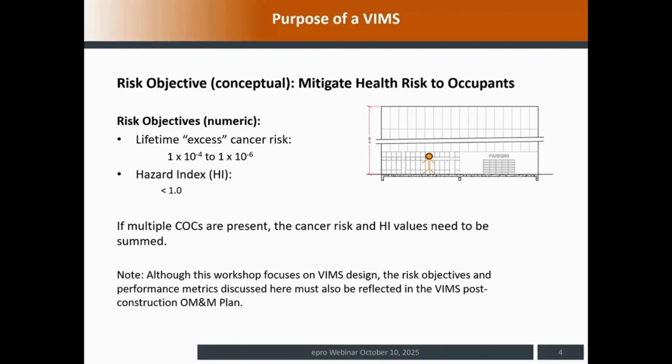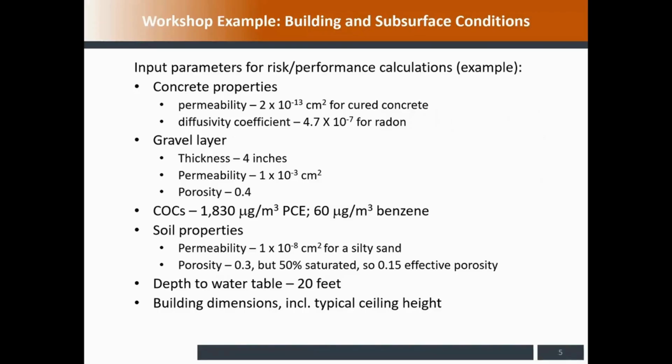All right, and to give just an example here of applying the guidelines and going through the calculations, you need to know a lot of information before you get started. You need to have some idea of your concrete properties. We've included in our presentation just a couple of examples that we feel are decent values to assume to start with.